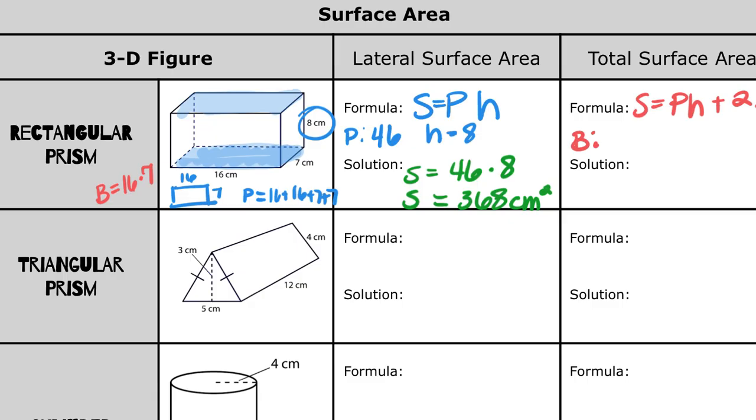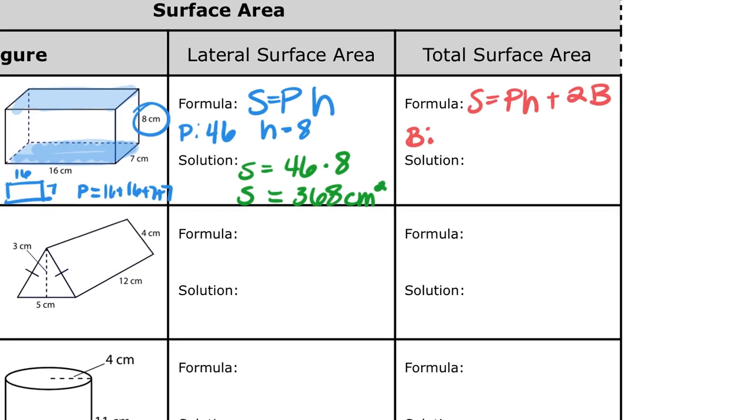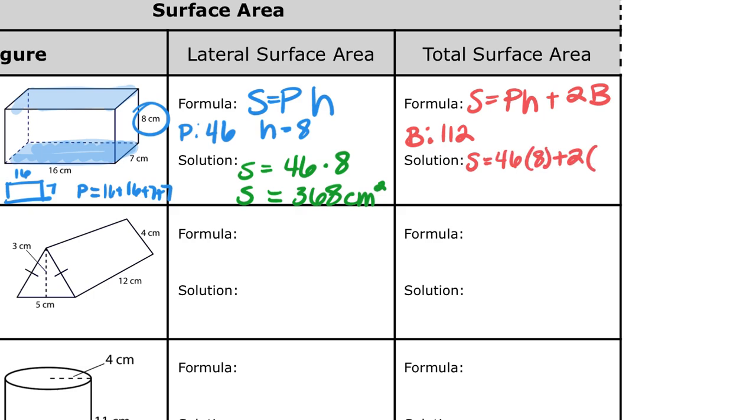So 16 times 7 is 112. So for our solution, or for our formula, I'm going to plug all these values back in. So we have 46 times 8 plus 2 times 112. Once I put all of that into Desmos, so 46 times 8 is the 368 plus 2 times 112.